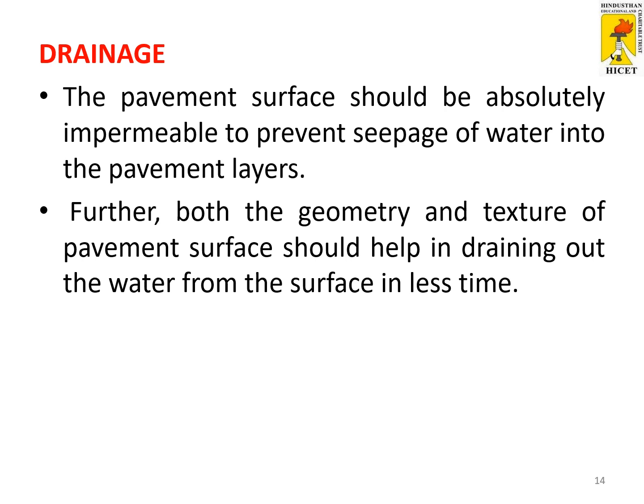So the layer should be impermeable. Further, both the geometry and the texture of the pavement surface should help in draining the water from the surface in less time. Whatever material we use in the top layer should not allow water to pass, and it should help the water to drain very quickly.